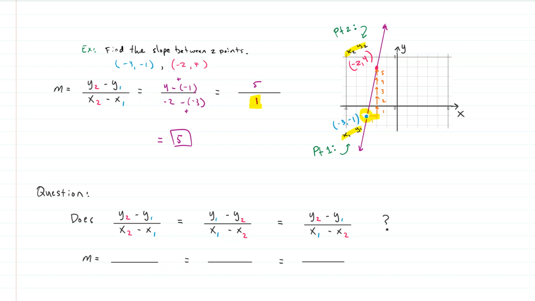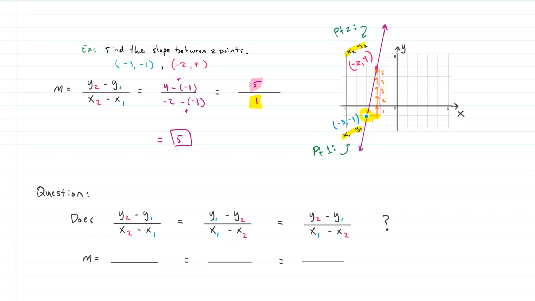And then we would go up 1, 2, 3, 4, 5 units. That's the change in the y. So there you get 5 over 1, which is 5.